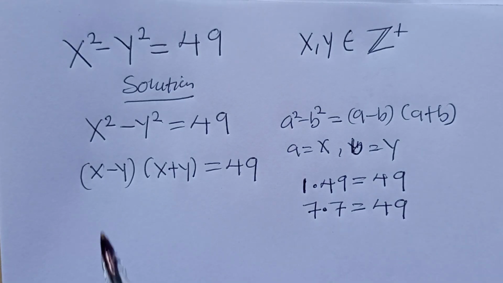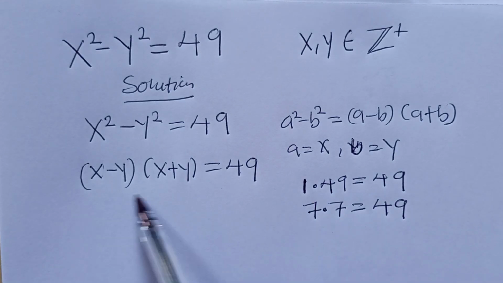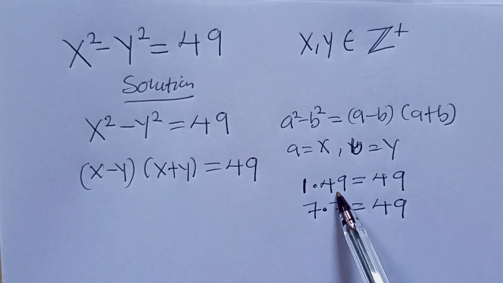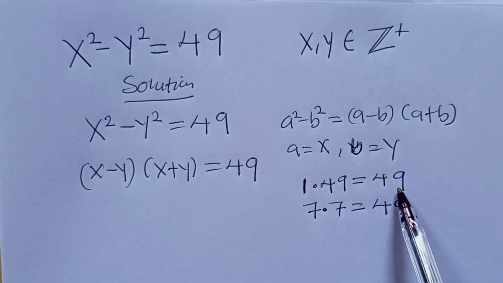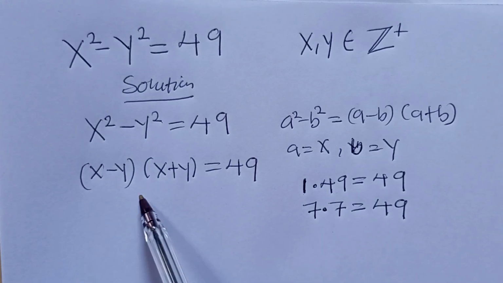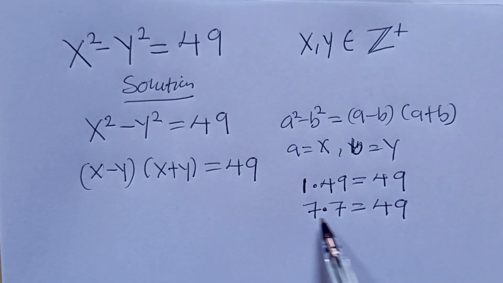So what does that mean? That is, in the first case, this first bracket has to be 1 and this other bracket has to be 49, for multiplying them to get 49. And this second case means this first bracket has to be 7 and this second bracket has to be 7, so that if we multiply both of them, it should be 49.